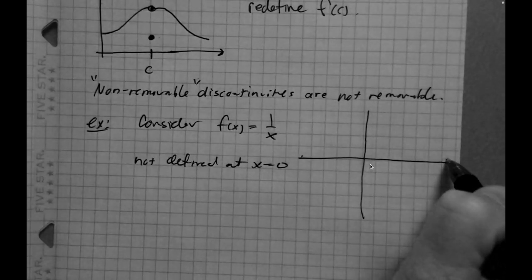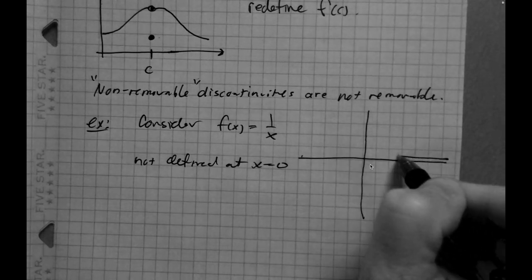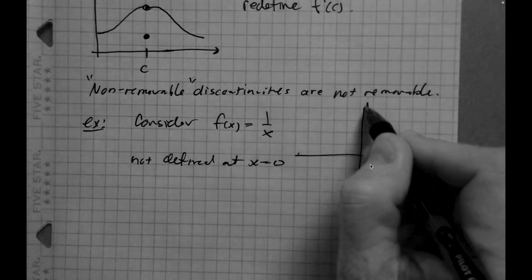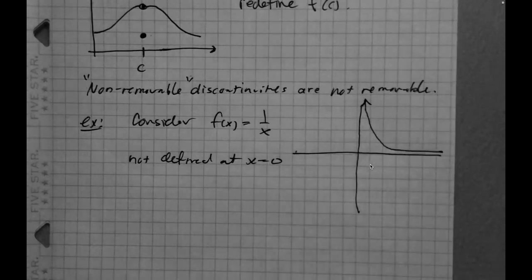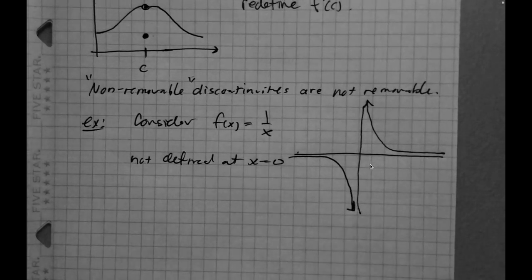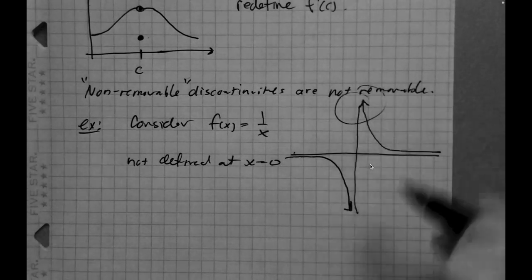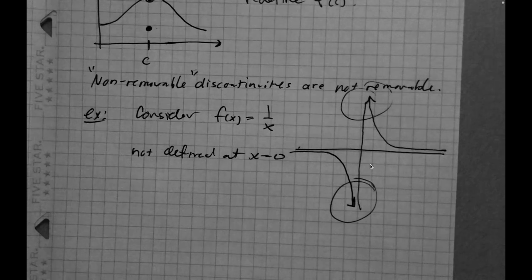As you approach 0 from the right, the function goes like this, and then it shoots up to infinity. And as you approach 0 from the left, the function does something like this. Right? So there's no way to redefine f at just the value x equals 0 such that you accommodate for the fact that these two head in opposite directions.